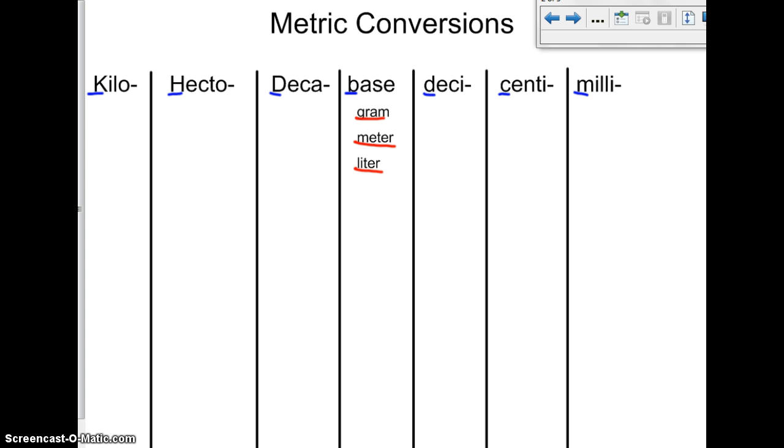Now notice that on the left side of the screen, the first letters are capitalized, and on the right side of the screen, they are lowercase. There is a reason for that you will see a little bit later on. But in order to do a metric conversion, knowing those first letters I underlined in blue is quite essential. And I'll show you why here in a moment.